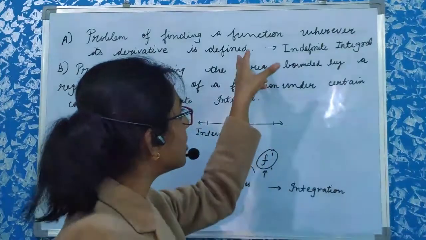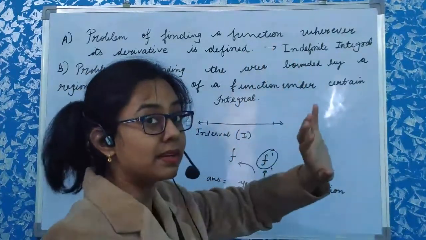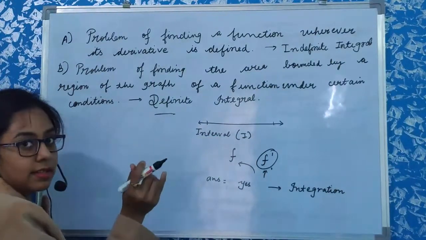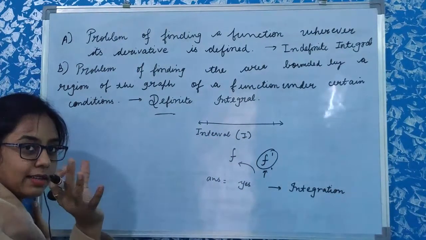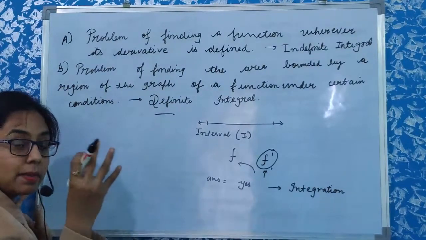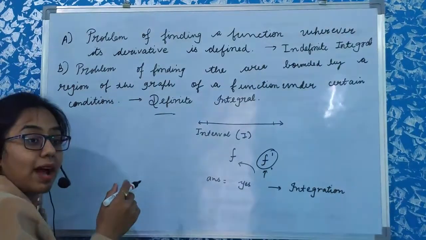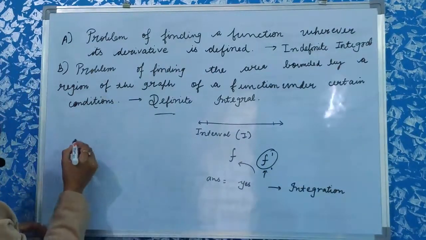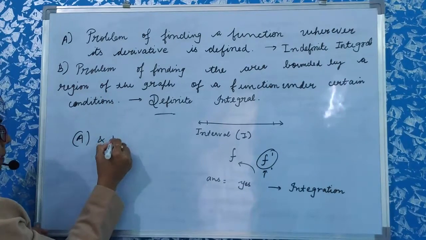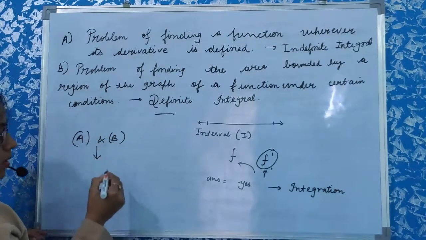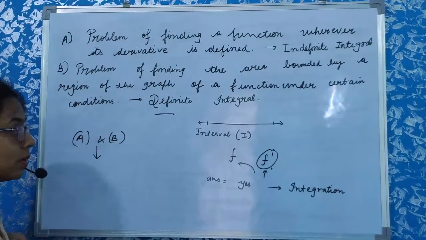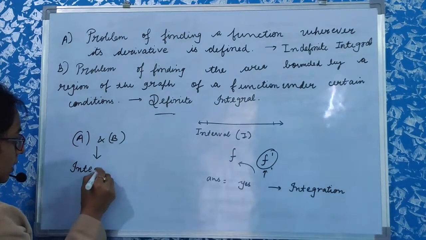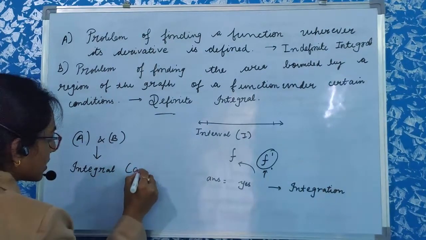There are no conditions here, there is no limit involved. But in definite, as the term suggests, you are defining the problem in certain limits, so you have to apply limits to get the particular solution. Both A and B constitute what we know as integral calculus.